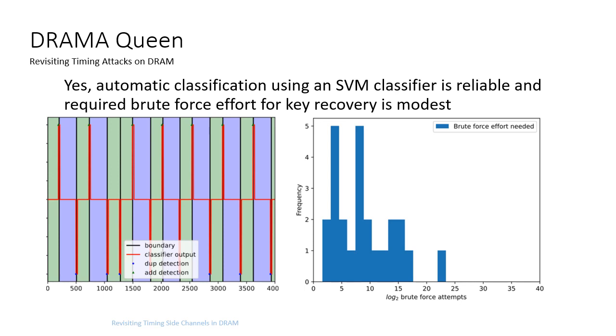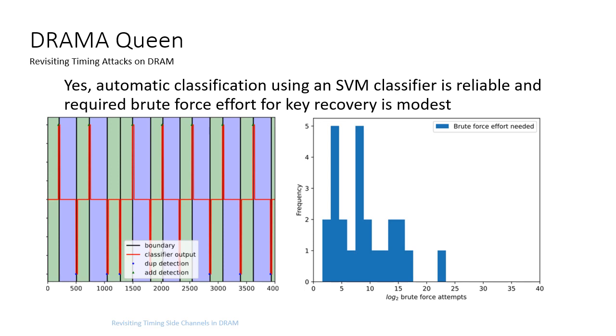And then, as you can see in the left chart, that classifier is very reliable. The red chart is the output of the classifier as the attacker processes the raw latency signal. So it correctly identifies the start of a blue region, start of a green region.